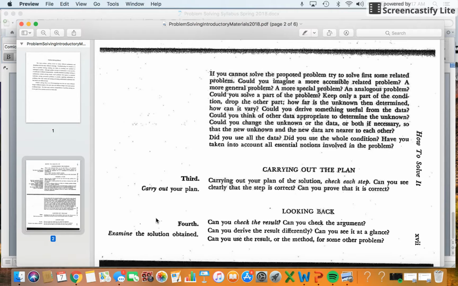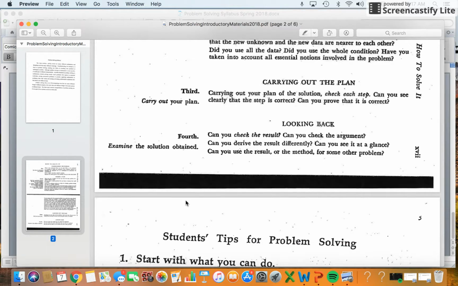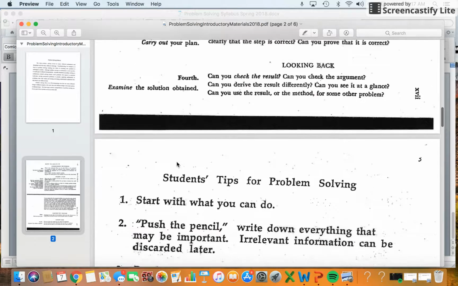So you can be in a loop there with the second and third step. And then fourth is looking back, checking your answer. Can you make sure that your thinking was correct? Can you do it differently? How is this related to other things, etc.